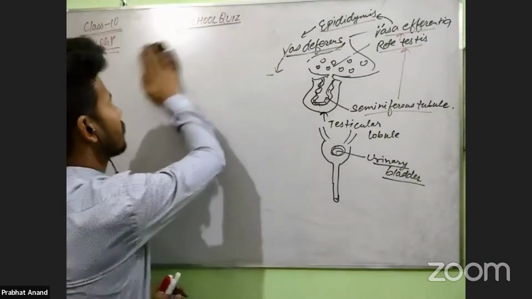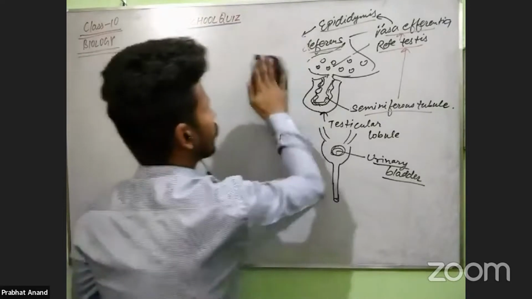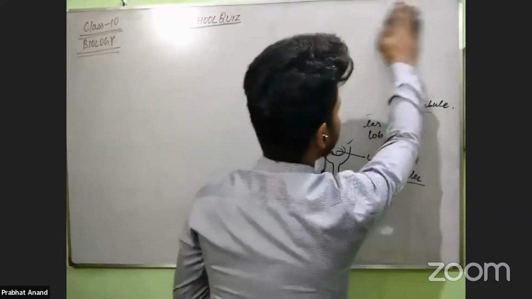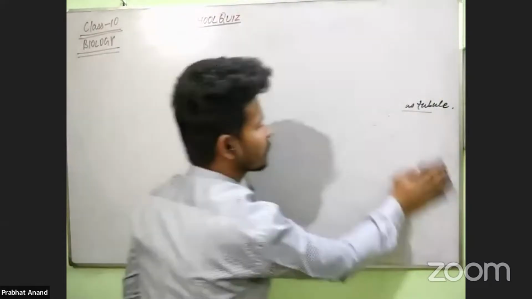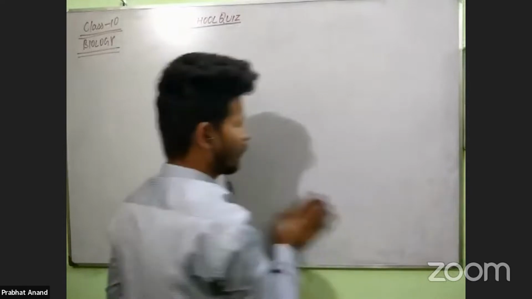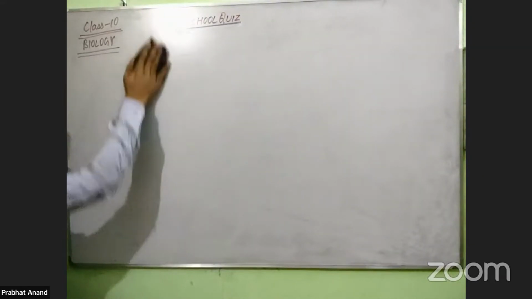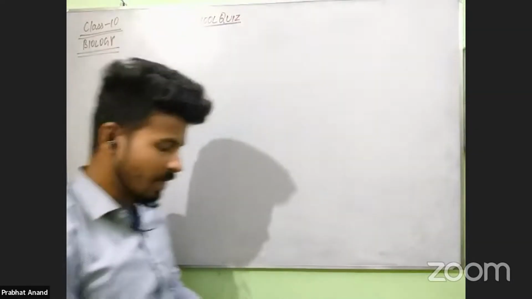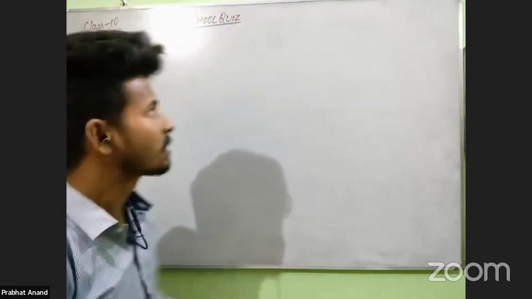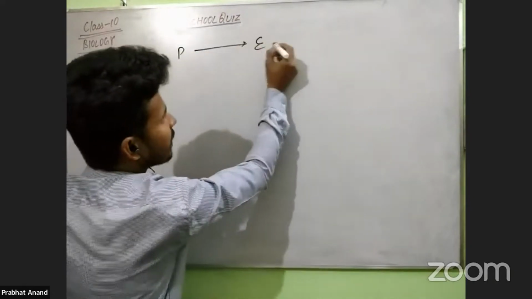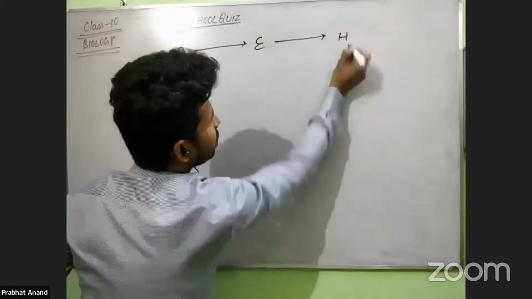So hormones start the production process, and they also speed up the production process in our body. We can say a hormone is like an enzyme, because protein is related with the enzyme and the enzyme is related with the hormone.